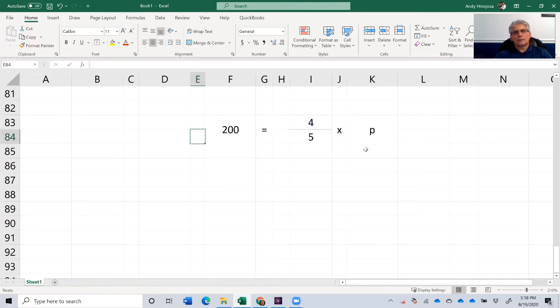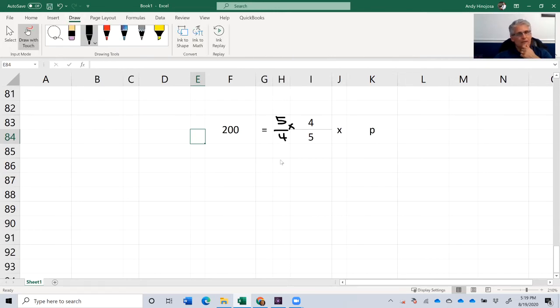So to solve for this, we need to isolate the P. If we want to eliminate the 4/5, if you recall, to do that we just multiply it by its reciprocal. So we're going to take 4/5 and multiply it by 5/4.